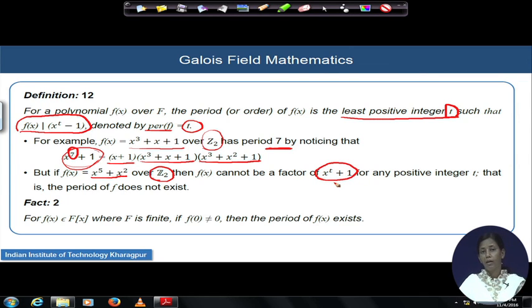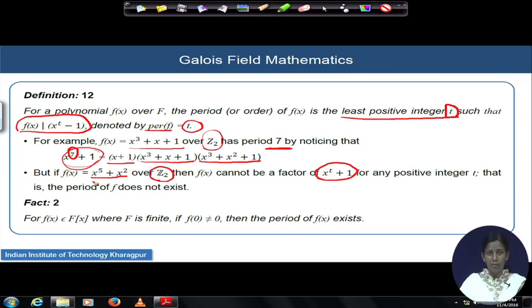So, if you cannot find any positive integer t for which the polynomial can be divided with some polynomial constituted with that integer value t, then that target polynomial does not have any period. There is no period, hence we declare that no period exists for that typical polynomial.